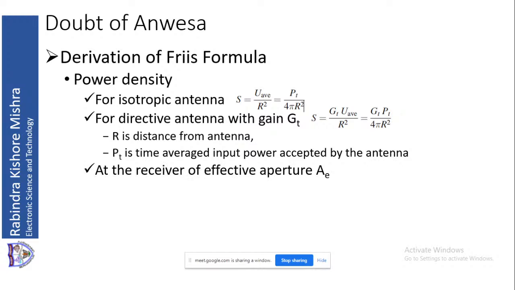Right. So this part is for the transmitting part. Now let us come to the receiving part. At the receiving part, the antenna has a finite aperture. Everything is transmitted in a particular direction. Suppose 1 degree is the beam width.